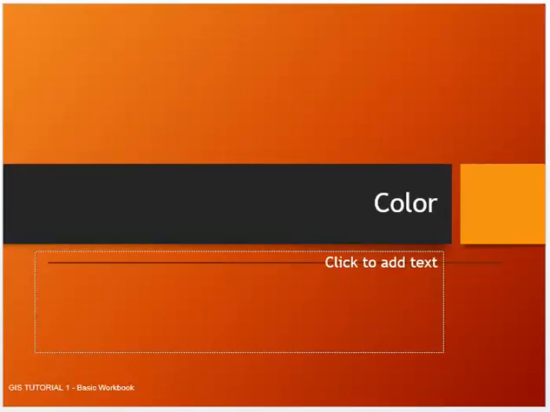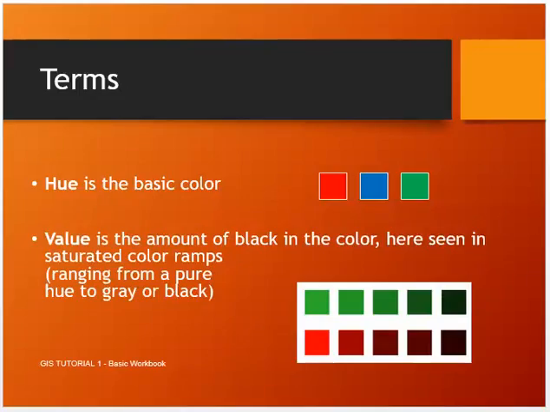So let's talk a little bit about color. The human eye is good for seeing color. It's not very good for remembering color. But there are some terms we want to use when we talk about color. Hue is the basic color. Red, orange, whatever the color family is. The value of the color is the amount of black.